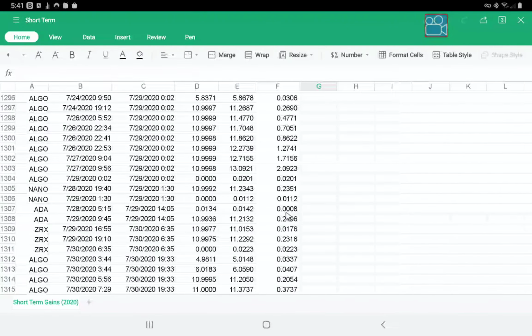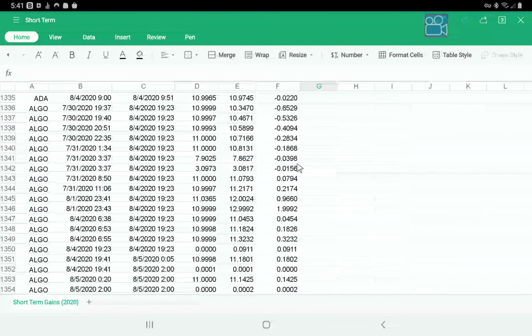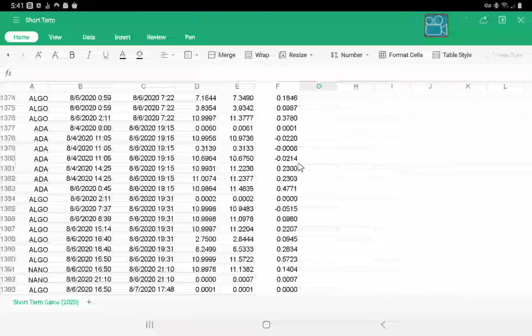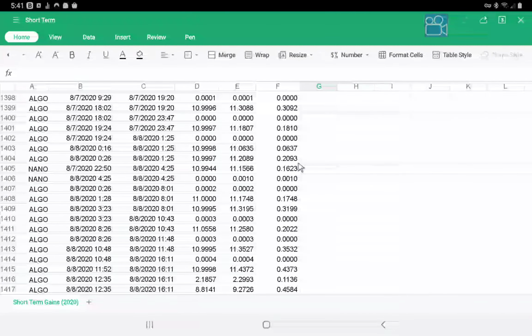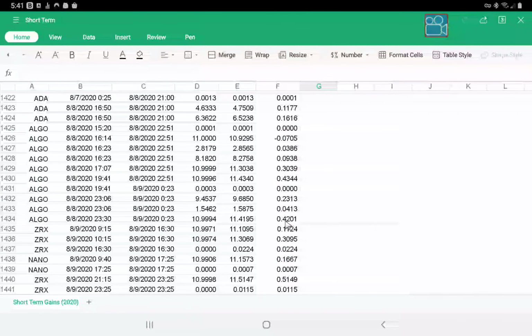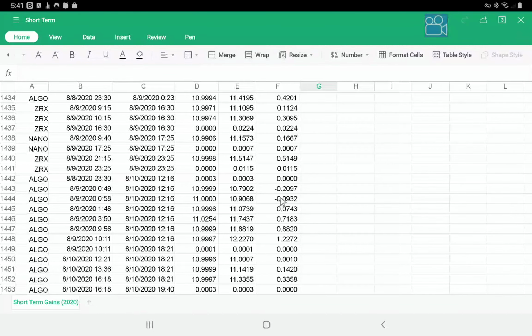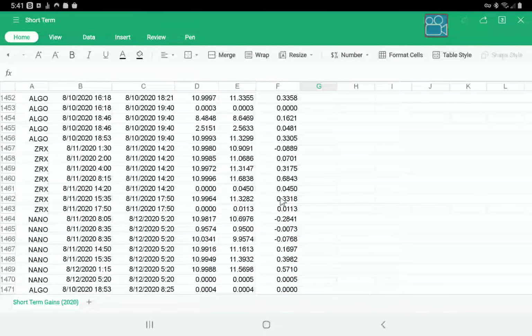Of course, a couple of nice ones, but mostly pennies. As you can see, not a lot here in terms of any, quote, substantial money.